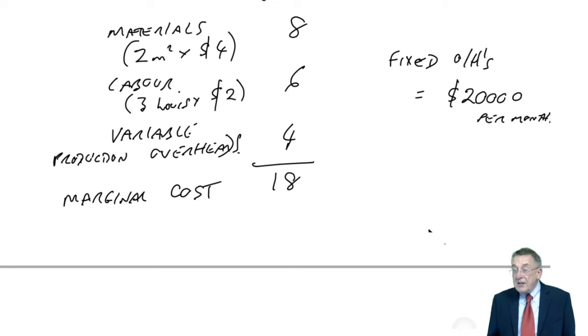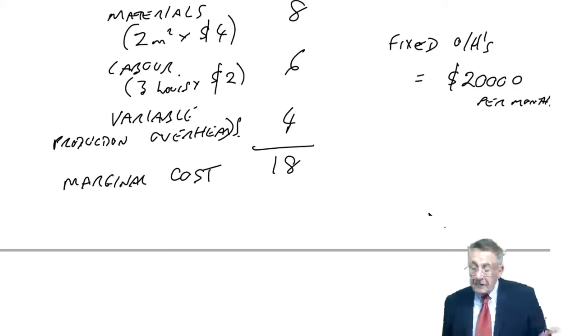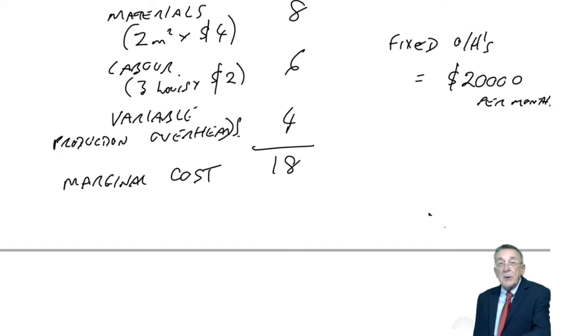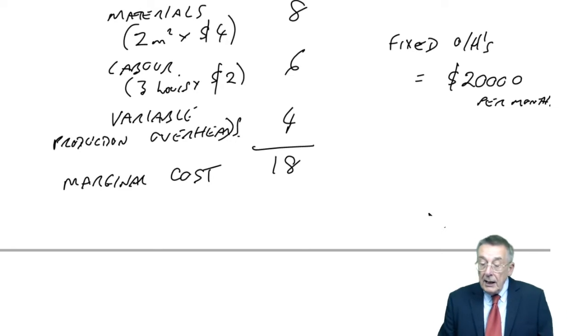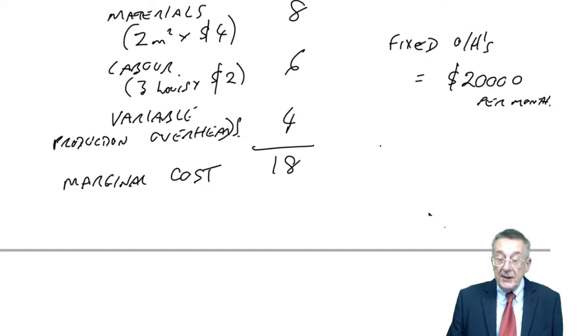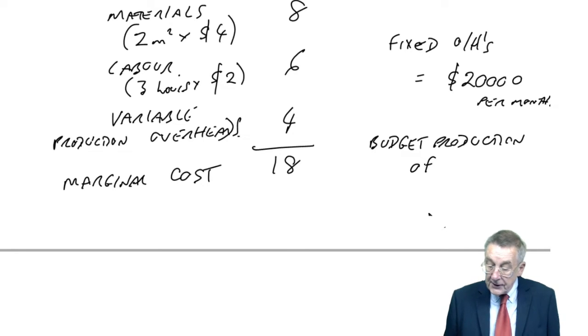Well, it is a cost of production, and so if I wanted to include that in the unit cost, the problem is, it may be $20,000 a month, but how much is it per unit? To decide my cost per unit, I'd need to decide how many I expected to produce. Suppose I was budgeting on production of 10,000 units a month.